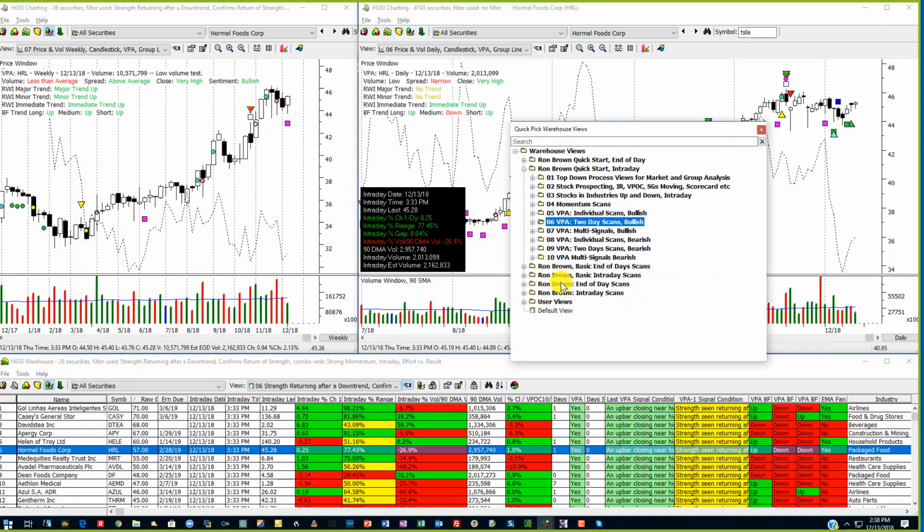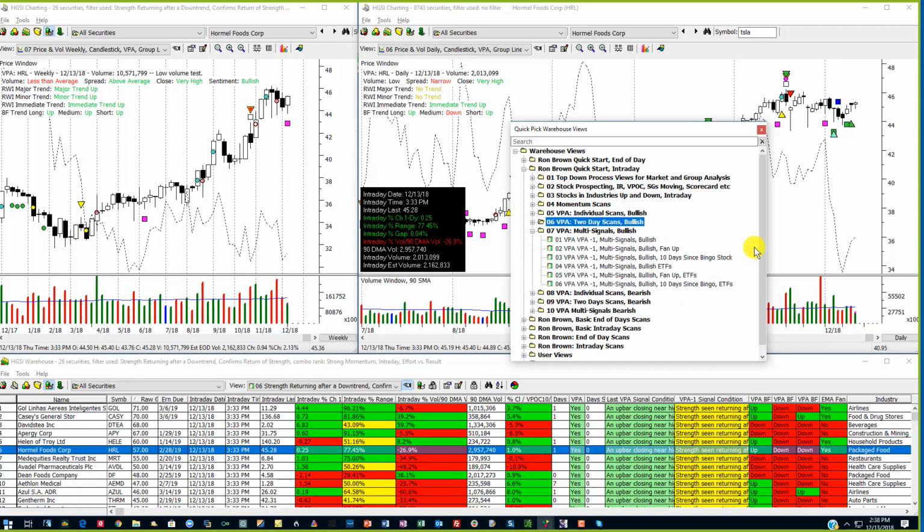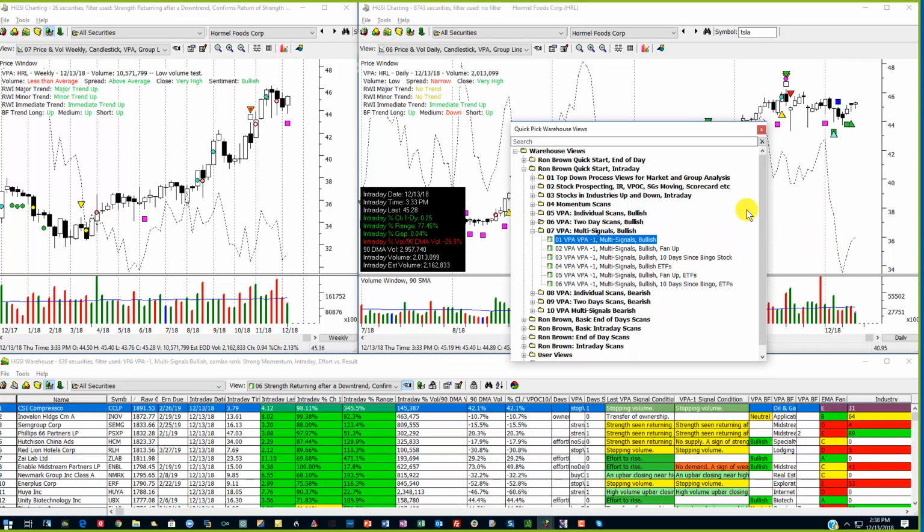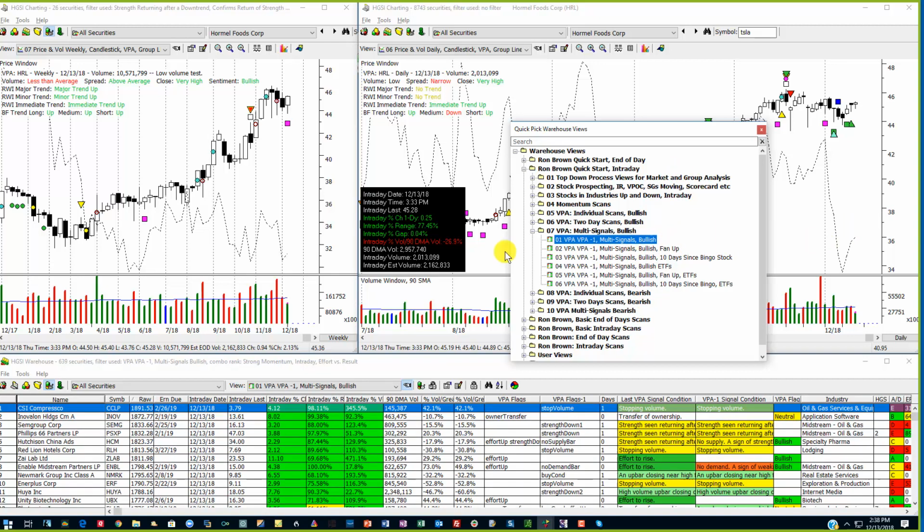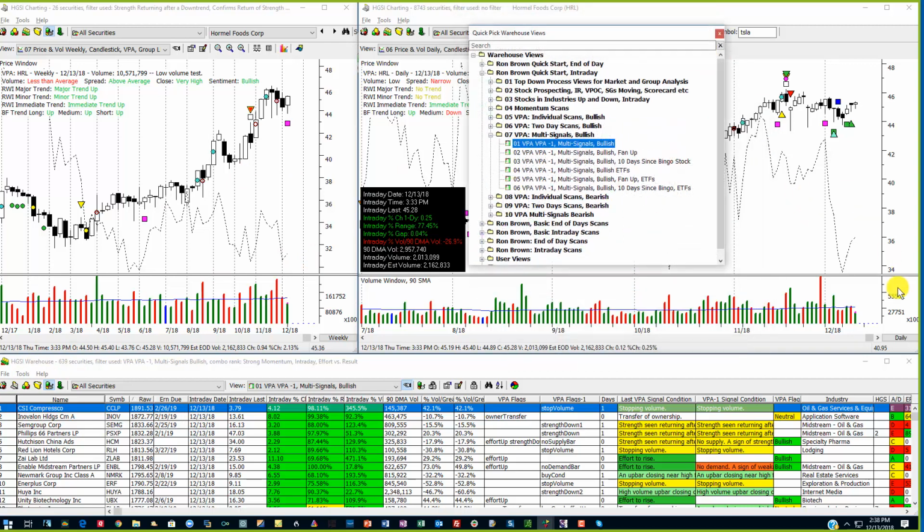Now, we're getting some late arrivals here. Multi-signals bullish. Now, I'm getting 639 stocks here. You may ask why I am getting that many stocks. Well, it's an either-or situation.